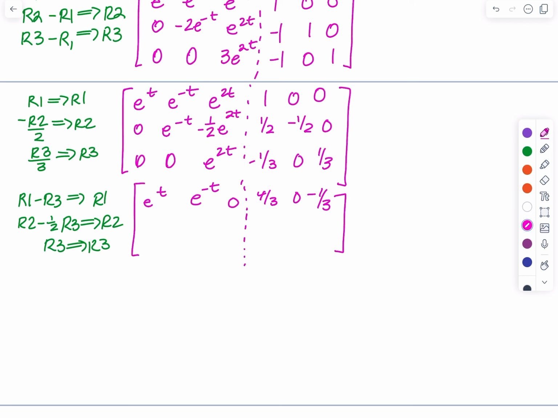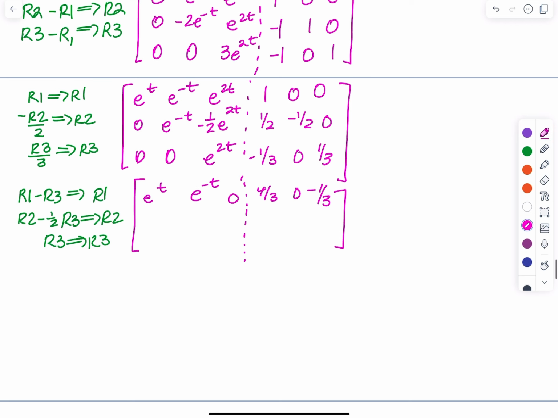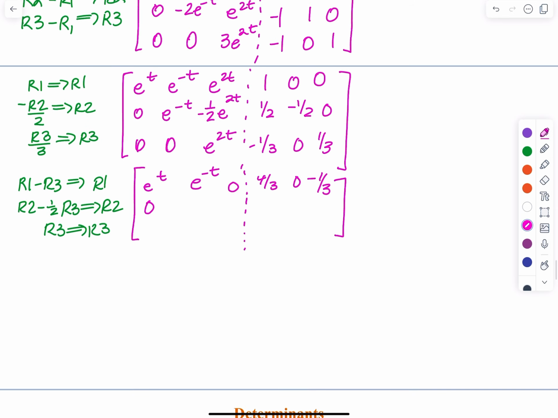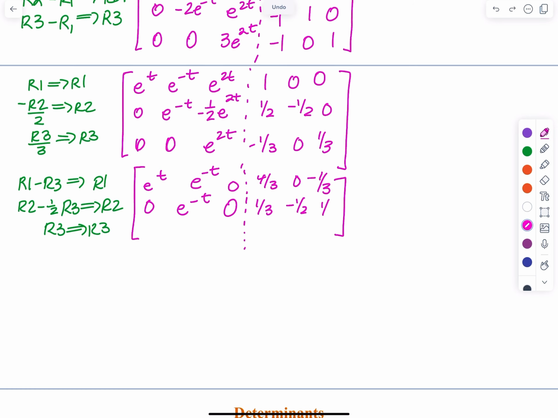And now let's take row 2 minus half of row 3 and make that our new row 2. And we will just rewrite row 3.